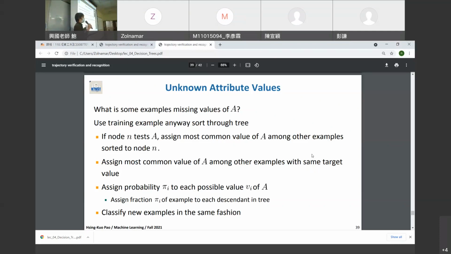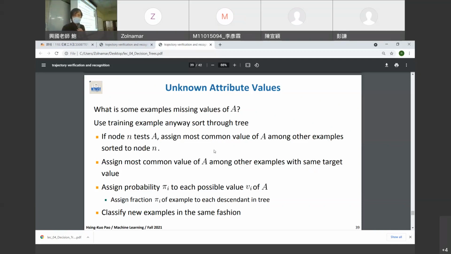We can try proportionally, just like we fill some kind of value, right? Just because we don't really ignore this data, right? So ignoring this data in the information gain computation could be not so big a deal, right? So it depends on your choice, right? And what else?